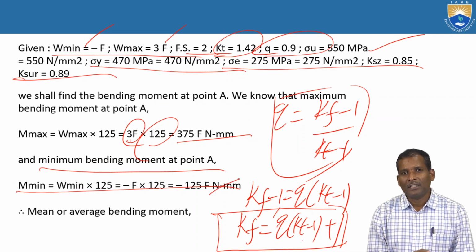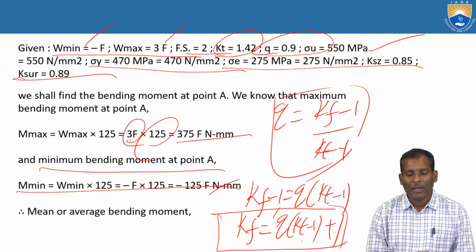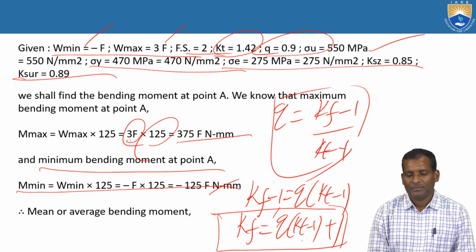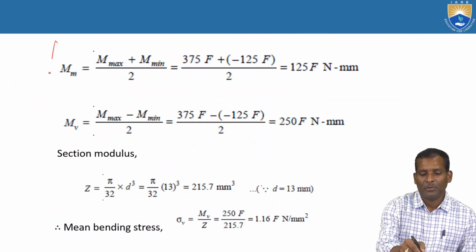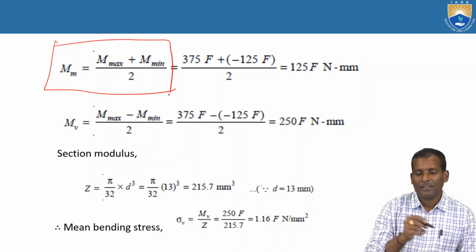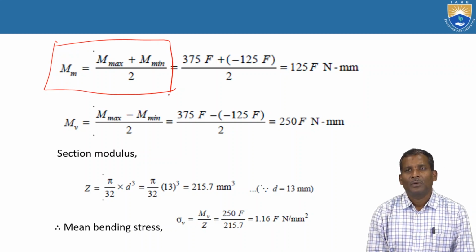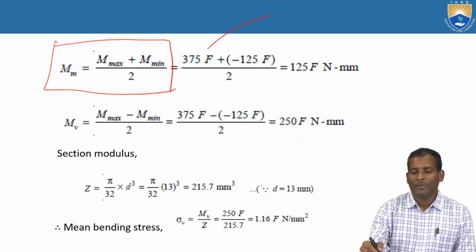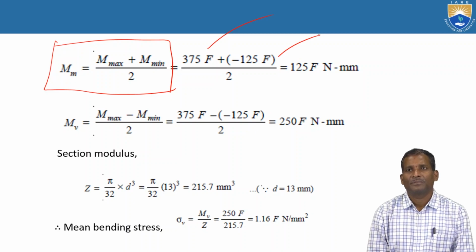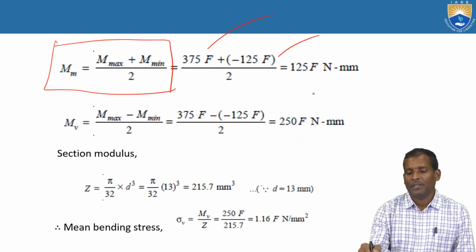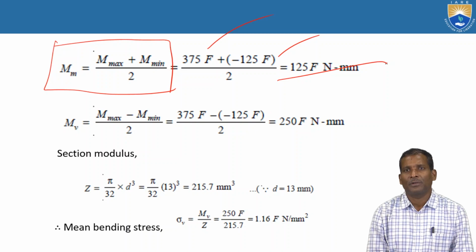So now calculate the mean or average bending moment. Mean bending moment is equal to maximum bending moment plus minimum bending moment upon 2. So what we have calculated as maximum bending moment in the previous condition, substitute here. Similarly, minimum bending moment, substitute here, and you will get this value 125F.